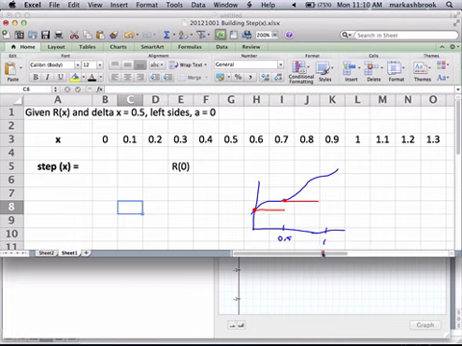Something like that, right? So I'm asking, what is the value of the step function at 0.3? Is this better now? Yeah. So what is the value of the step function at 0.3? See that it's R of 0, right? So can you finish it? Finish this row in the table. Go.